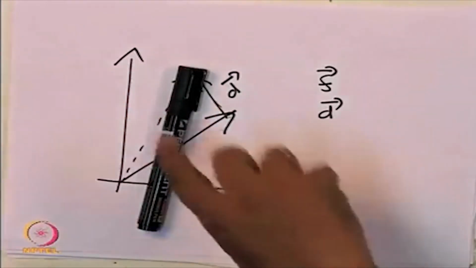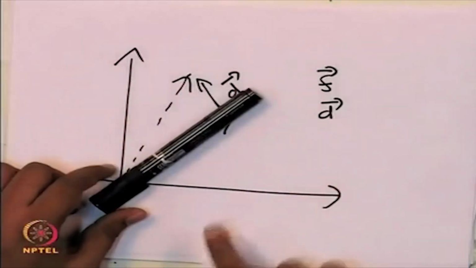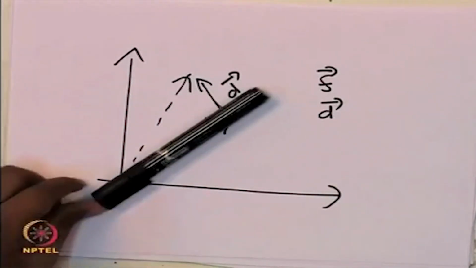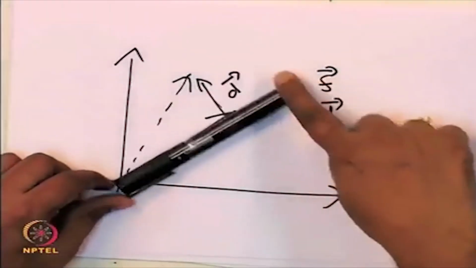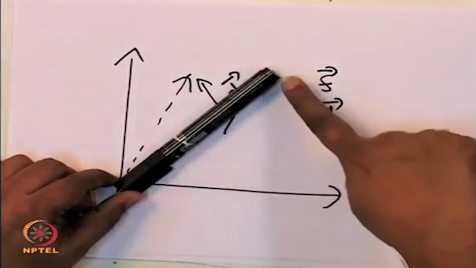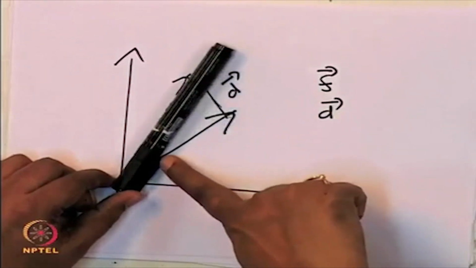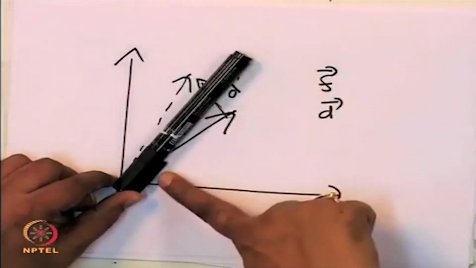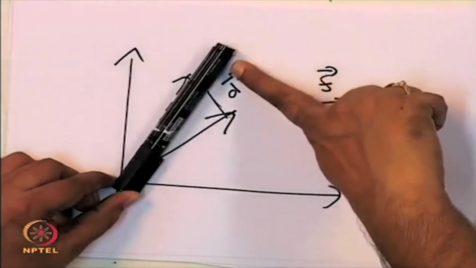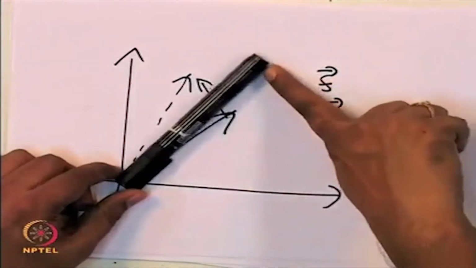What you have to apply to do this rotation is called a torque. Torque is a quantity which is a vector, which is again the product of the force you apply and this distance. If I apply a force here or if I apply a force here, the torque is different.